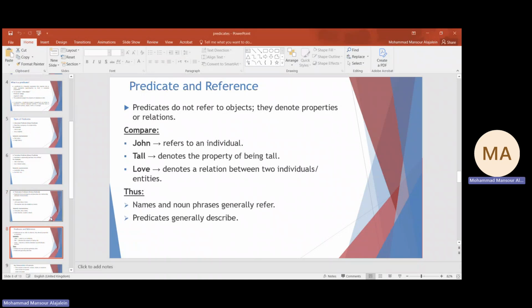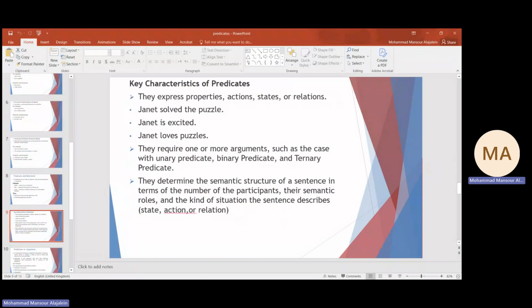Like we say, Janet solved the puzzle. We have the verb solved, which is the action. Janet is excited. Excited states a property. And Janet loves puzzles. Loves states a relationship between the two arguments or two participants here, Janet and puzzles.